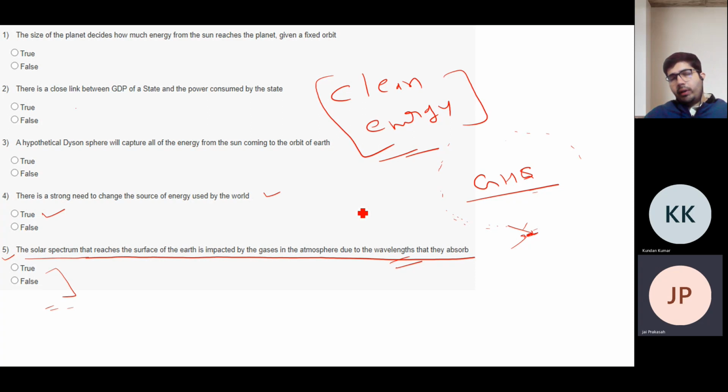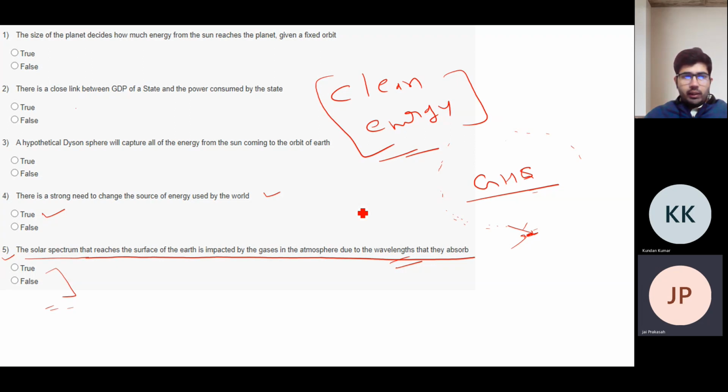So if the reflected energy were in the UV wavelength, then the greenhouse gas would not be impacted by the UV radiation, but the infrared wavelength reacts with the GHG gases.